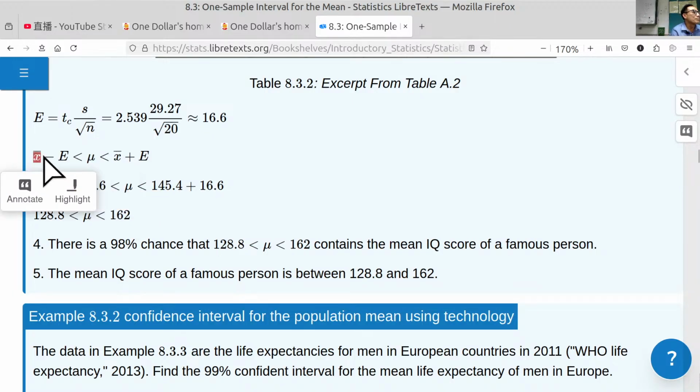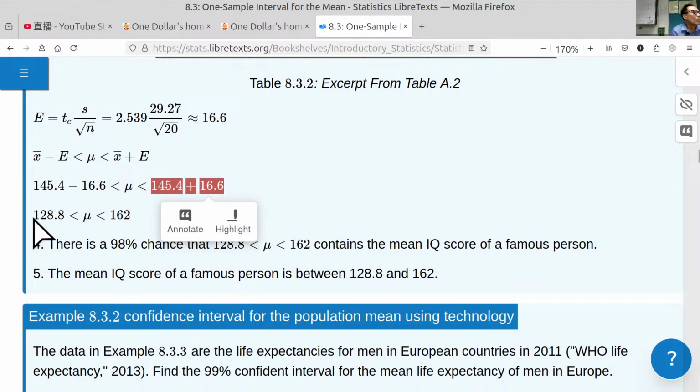The average minus E is smaller than the population mean, which is smaller than the average plus E. Again, the average 145.4 minus 16.6, the other side plus 16.6. Thus, we got the answer: 128.8 is smaller than the population mean, which is smaller than 162.